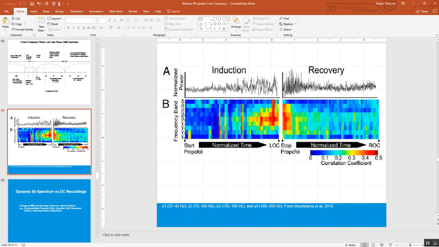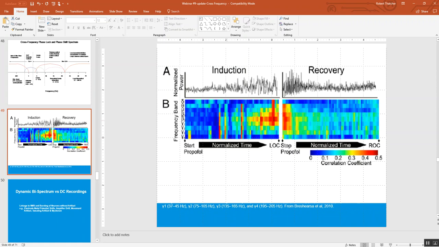This is an interesting study of what happens when people are induced using propofol. First of all, there's very little coupling between the gamma, this is frequency down here, and the delta. Delta is up here, gamma is down here. And it's blue because there's not a lot of coupling.